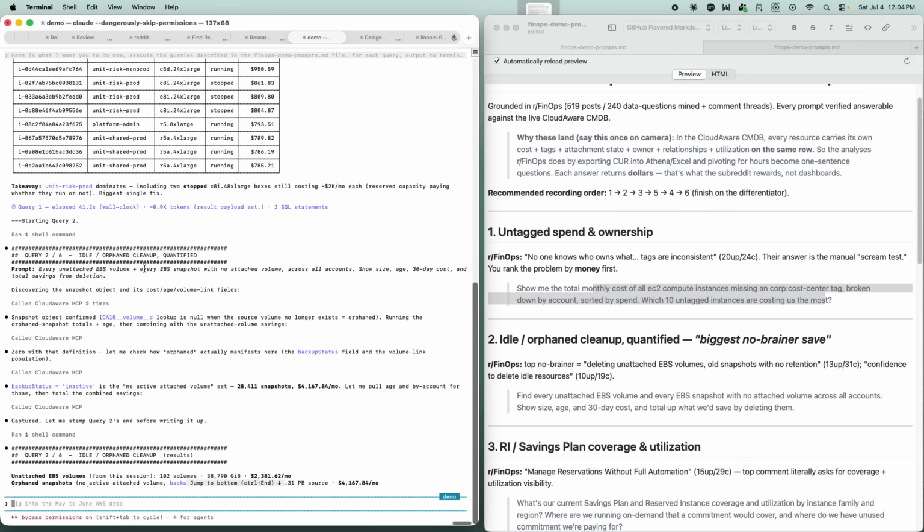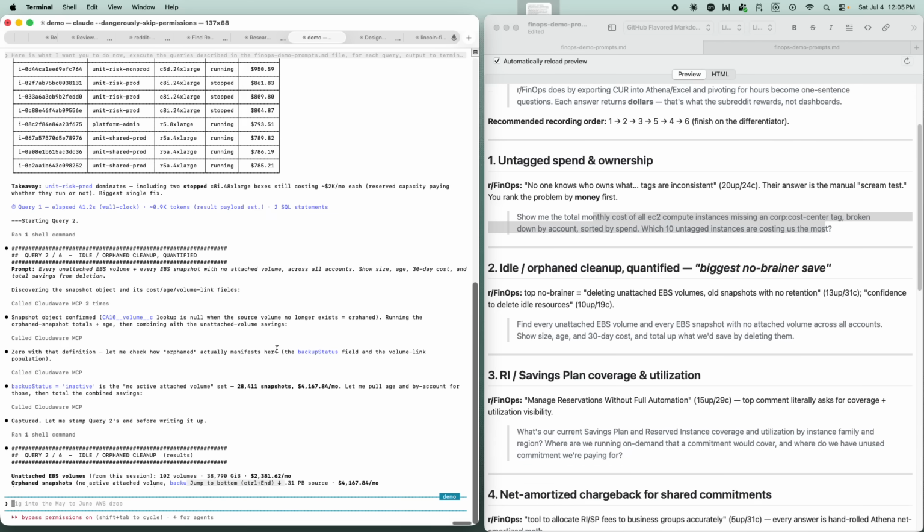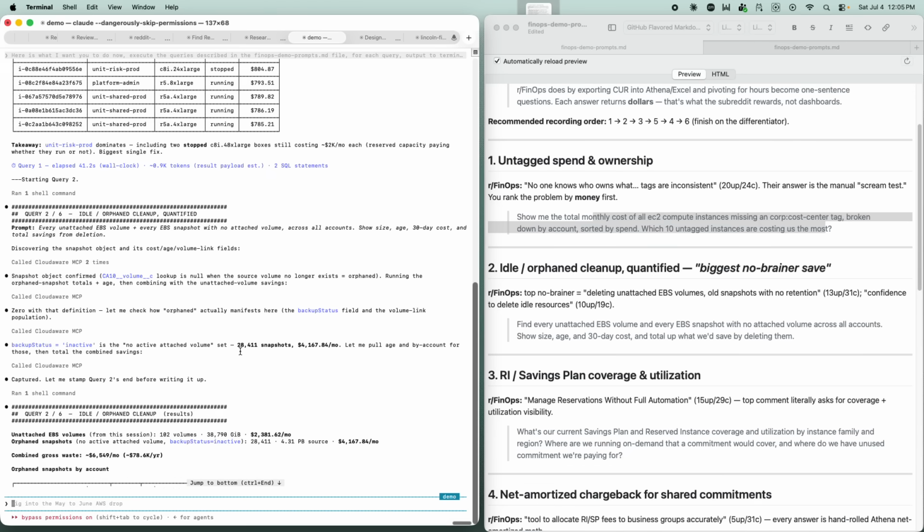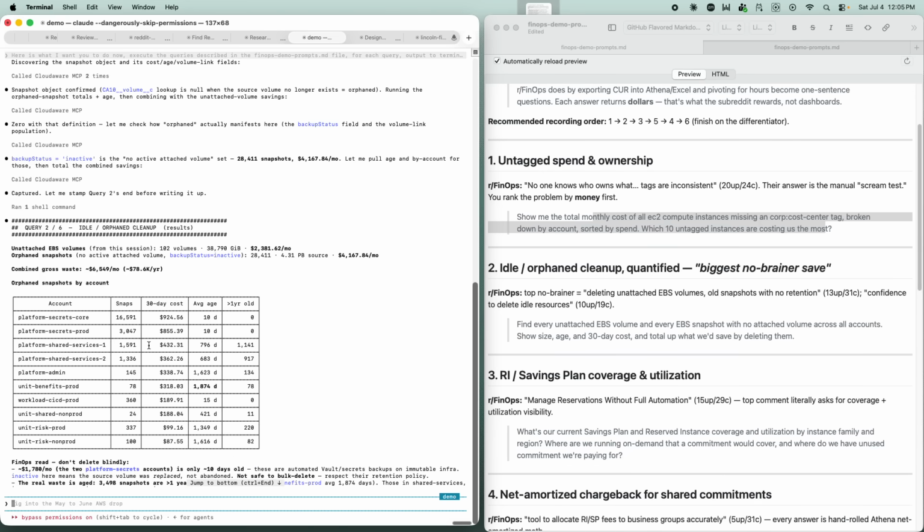Every unattached EBS volume plus every EBS snapshot with no attached volume across all accounts, show size, age, 30-day cost, and total savings from deletion. Once again, these are not the types of requests I would be running, but this is what AI thinks Reddit is interested in. So here we are.